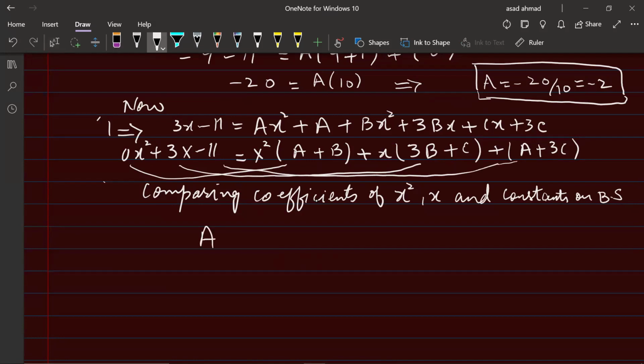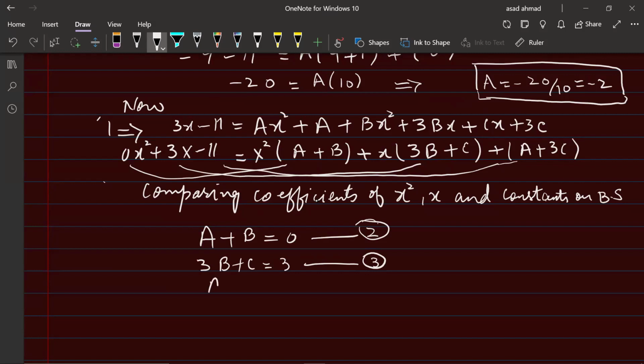First will be a plus b equals 0, we suppose this is equation number 2. Then we form 3b plus c equals 3, this is the third equation.